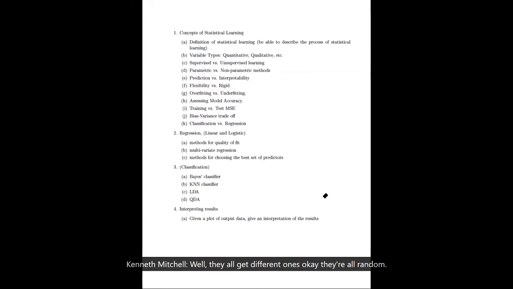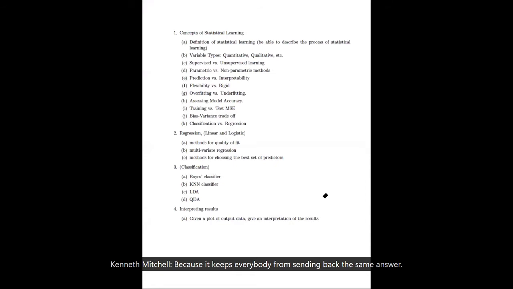Oh, they all get different ones. They're all random. That keeps everybody from sending back the same answer, which is academic dishonesty.